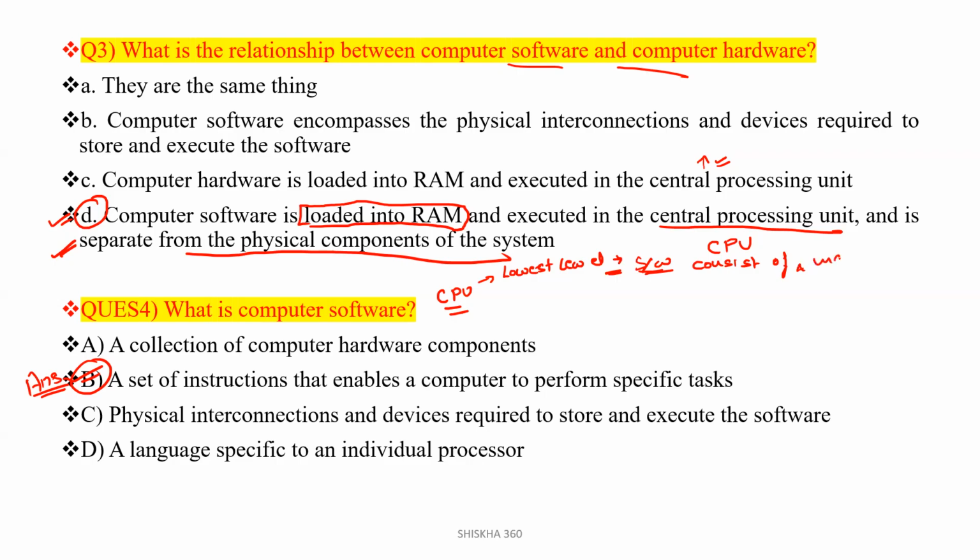Clear? There are three types of language. One is machine language, in the form of 0 and 1. Second one is assembly language. Third one is the high level language.